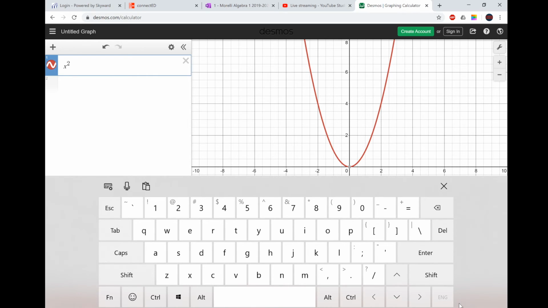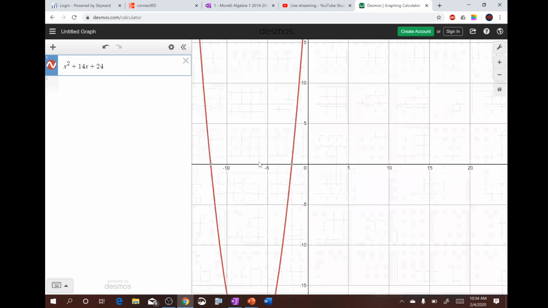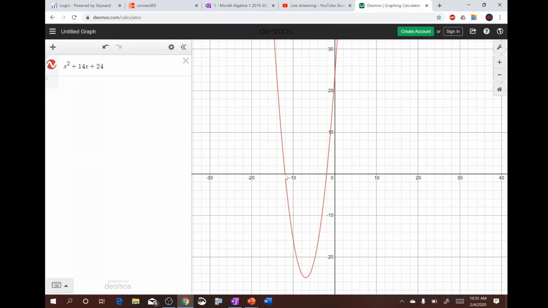Check this out, guys. It's going to blow your mind. Let's see where they cross.